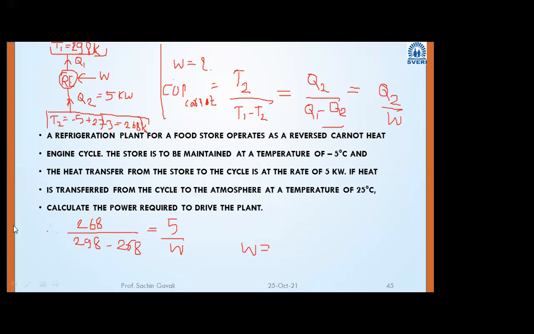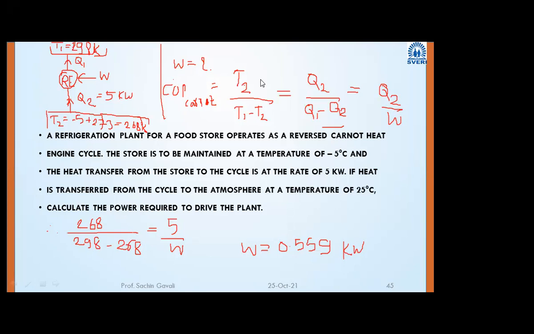How much work is required? The unit for this, you can say 0.56 kilowatt, because the unit of Q2 is 5 kilowatt. So this is also 0.559 kilowatt. Okay, so 0.559 kilowatt is the answer.